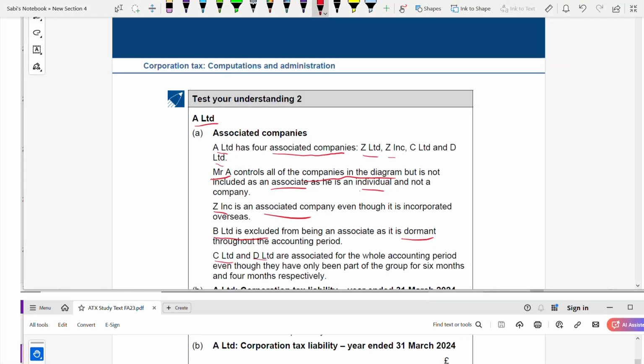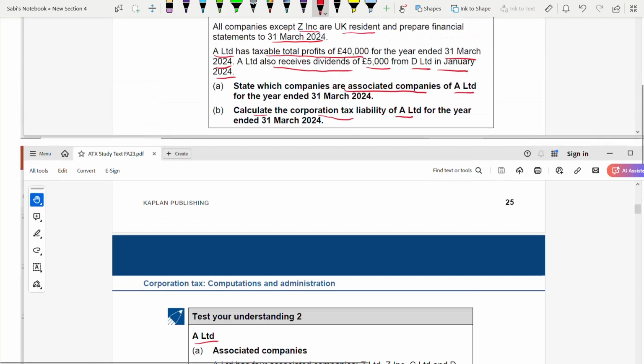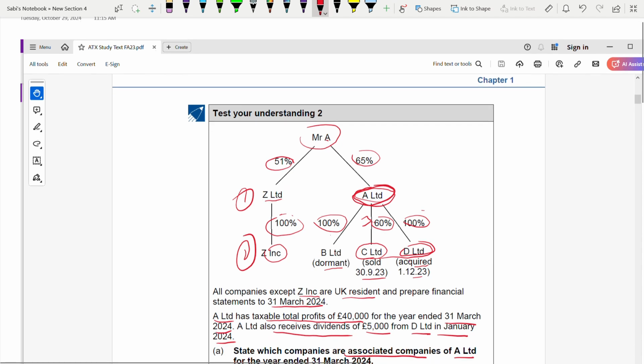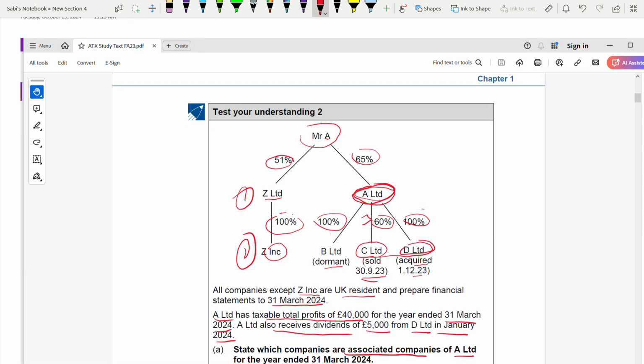C and D Limited. If you see C and D, they were not associates throughout the whole period. One was sold on 30th September 2023, and the other was purchased on 1st December 2023.